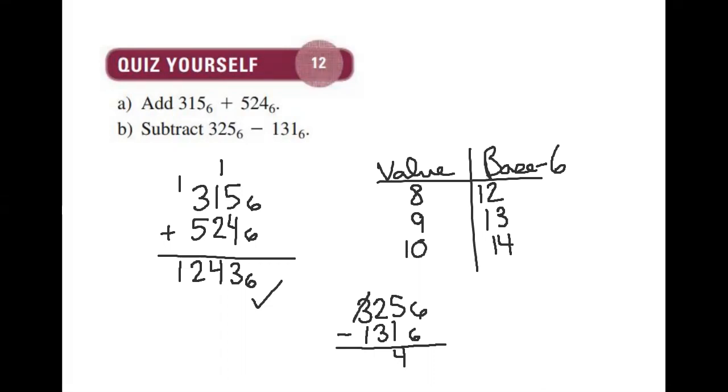So we'll borrow 1 from this group. But when we borrow 1, we're borrowing 6. So a 12, if you recall, is actually a 6 plus 2, or 8. So what we're looking at in the middle is now 8 minus 3, or 5. Now we have 1 takeaway from 2 is 1. And we have a result of 154 base 6.